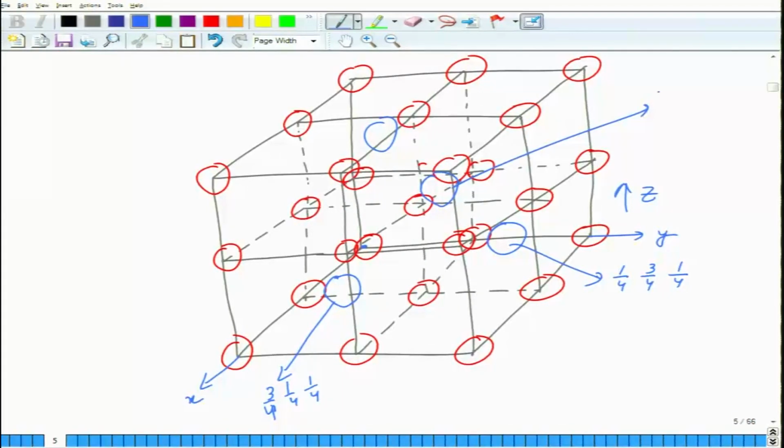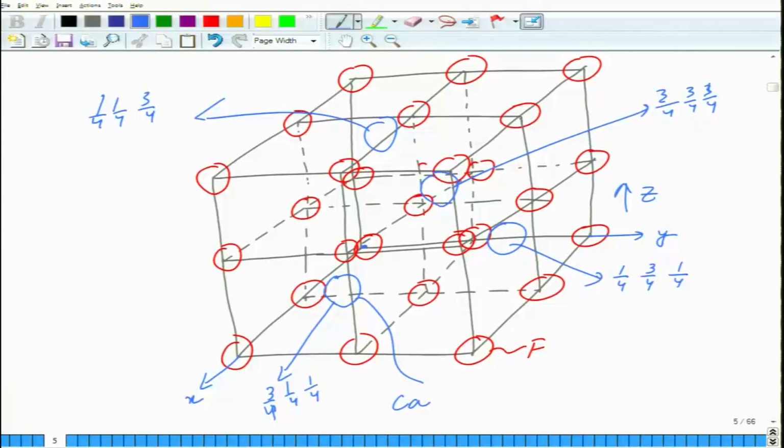This one will be 3 by 4, 3 by 4, 3 by 4. The coordinate of this will be 1 by 4, 1 by 4, 3 by 4. So, this will be the bigger unit cell which is constructed by fluorine atoms. So, this is fluorine, this is calcium. Okay.